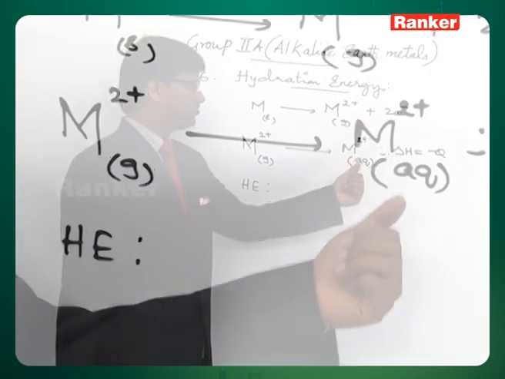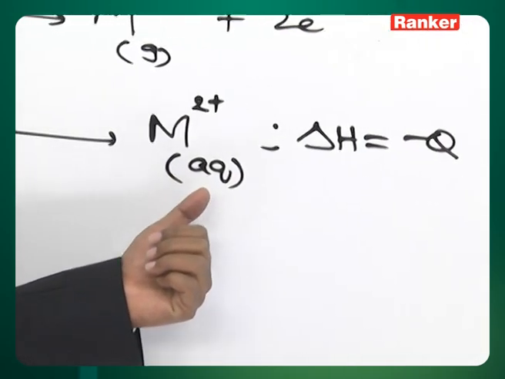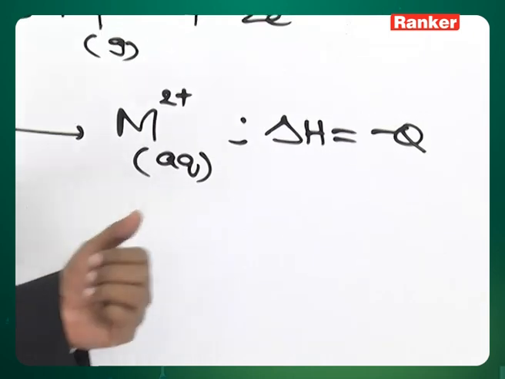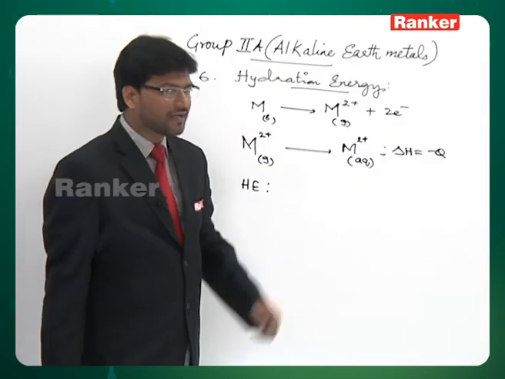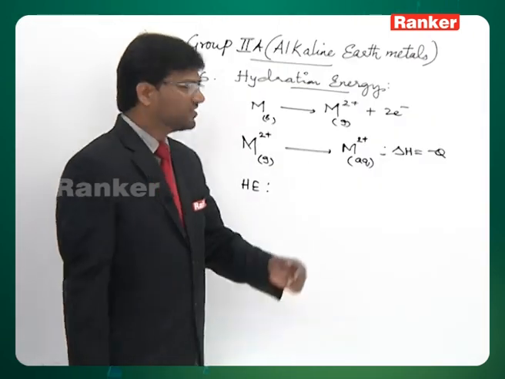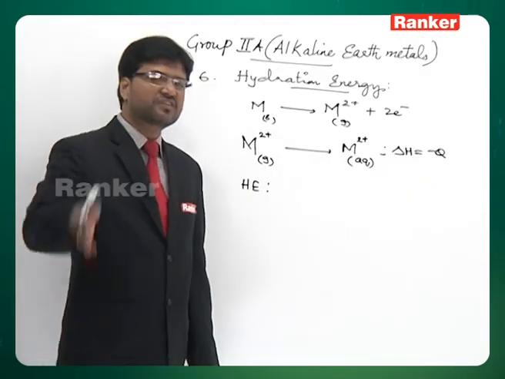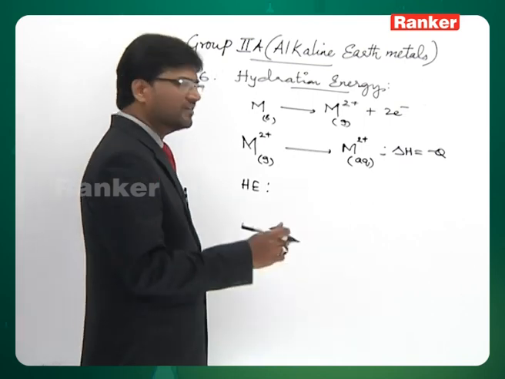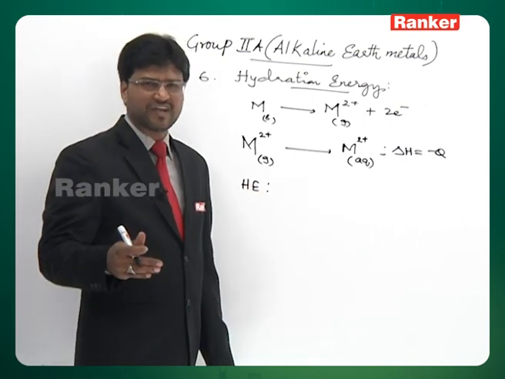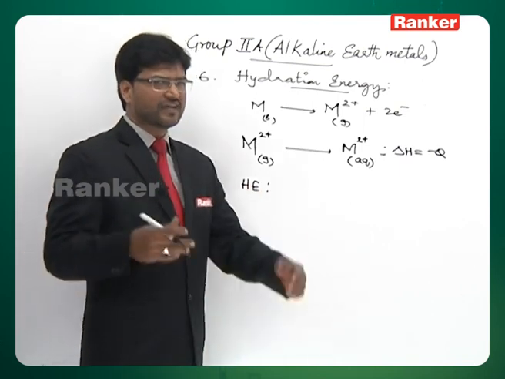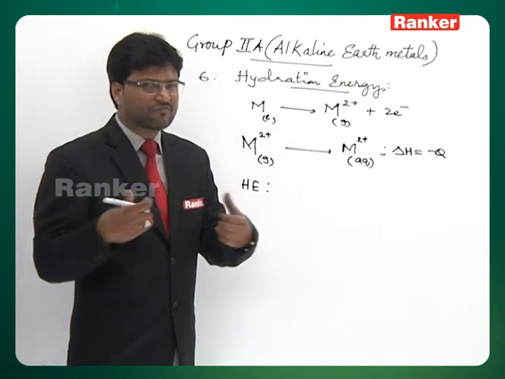The reason is attraction involving negatively charged oxygen of water molecules with the positive ion. The force of attraction depends upon the charge density on the ion, which in turn depends upon its size. So as the size increases, charge density decreases, therefore ion dipole attractions become weaker.